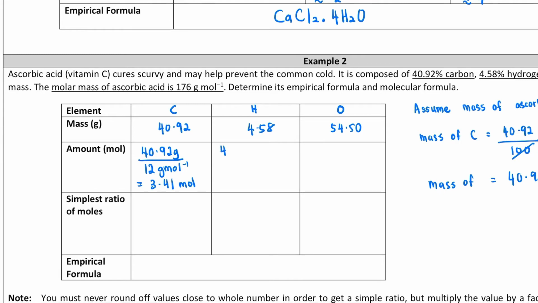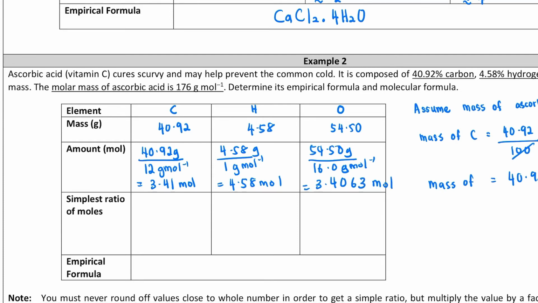Then 4.58, divided by hydrogen's atomic mass, which is 1 gram per mole, so you should get the same, 4.58 mole. For oxygen, 54.50 gram divided by the atomic mass of oxygen, 16 gram per mole, your answer should be 3.4063 mole.